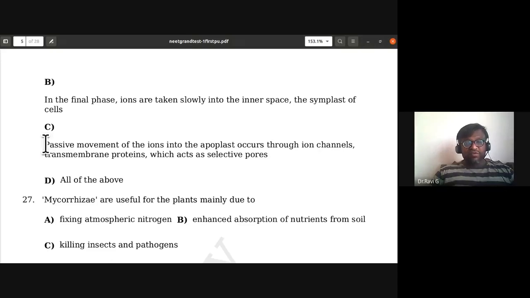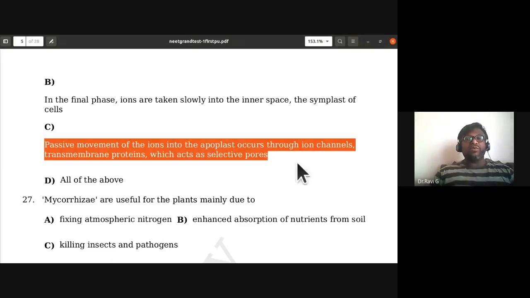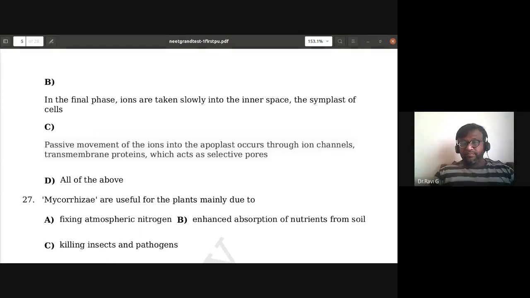So C is the right answer here. If there is a passive movement of the ions, it is going to be through the apoplast pathway, which occurs through the ion channels. Okay. C is the right answer for 26th.